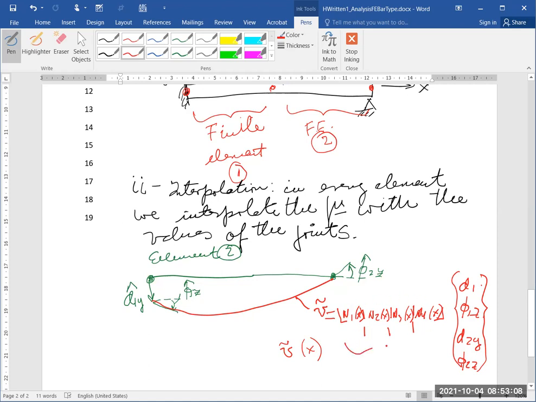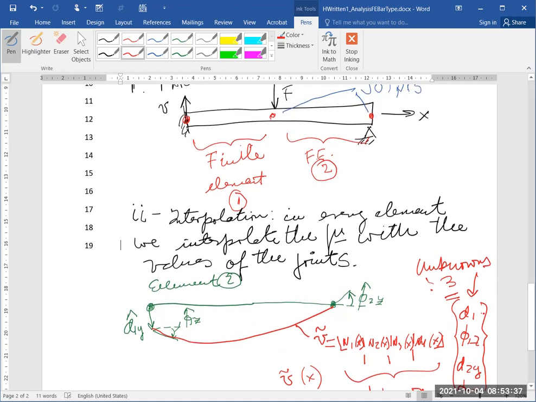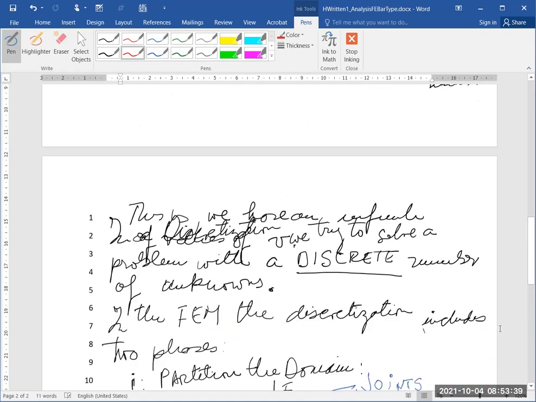So this is known, and these are unknowns. How many? 3. Okay, so we see that in this element, we have 3 unknowns.